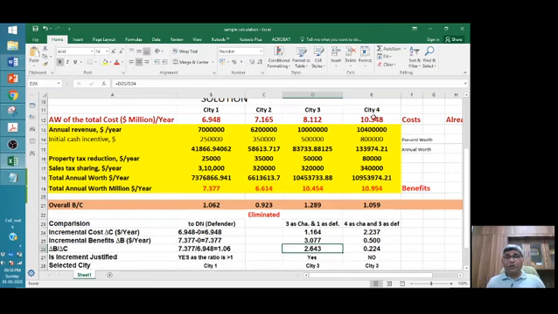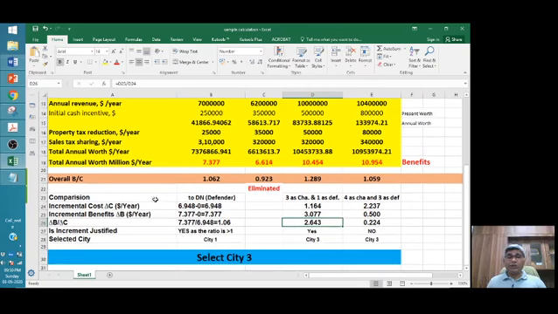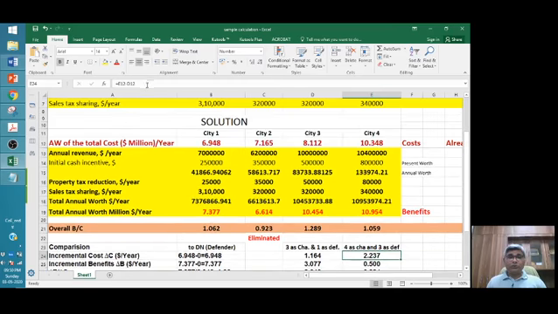Again, since we are left with one more city, city 3 will be compared with city 4. Now city 3 is the defender and city 4 will be the challenger. So the comparison is to be made with 4 as the challenger and 3 as the defender. Just compute the incremental cost difference, it will be this minus this.